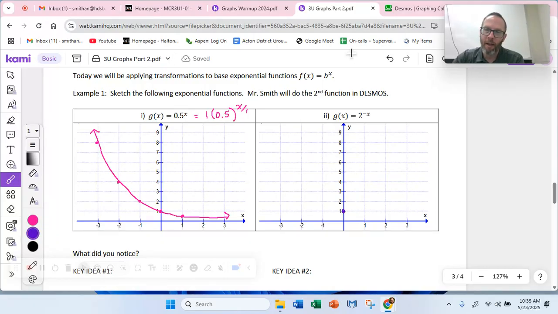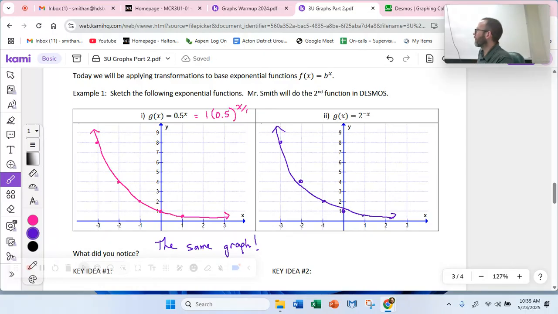For completeness' sake, I'm just going to sketch it. We got the same graph.